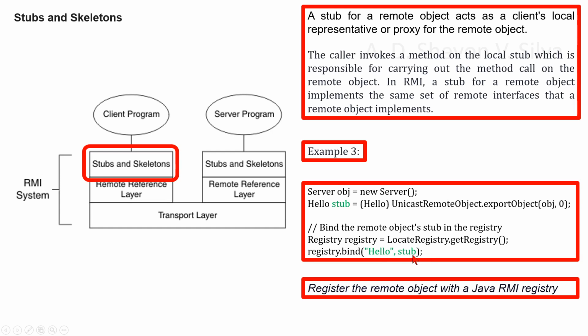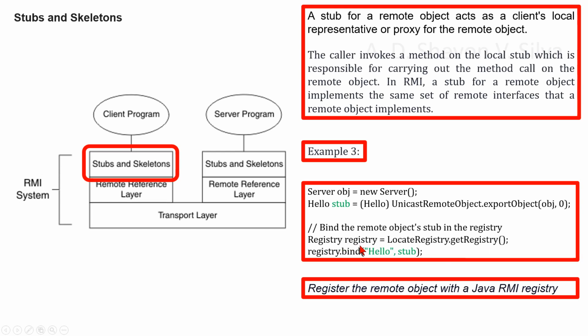The static method LocateRegistry.getRegistry takes no arguments and returns a stub that implements the remote interface java.rmi.registry.Registry, and sends invocations to the registry on the server's local host on the default registry port of 1099.